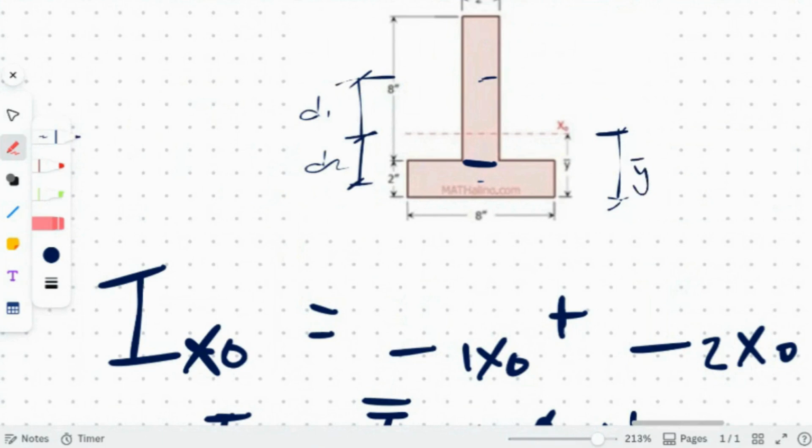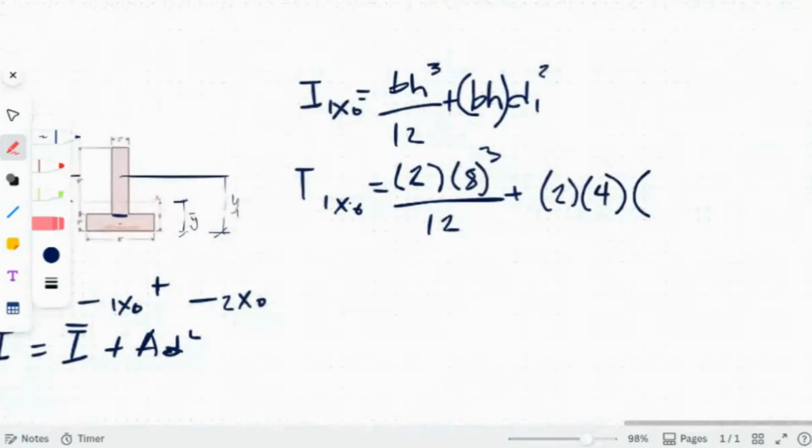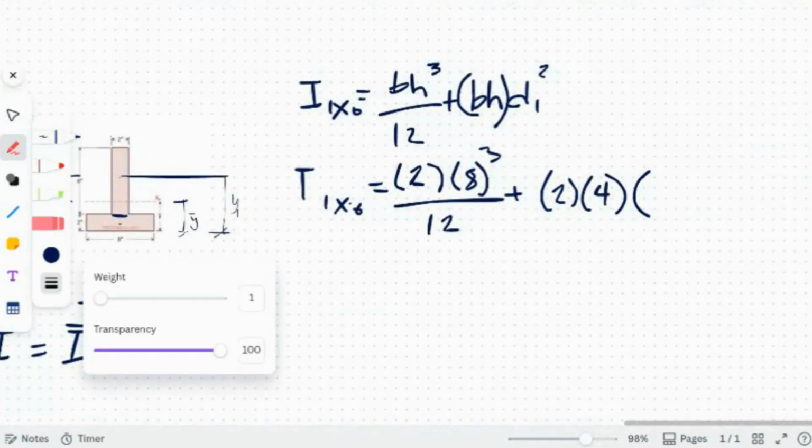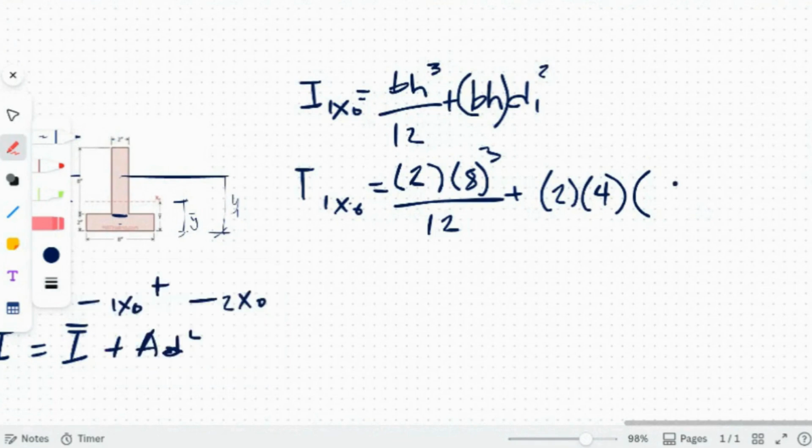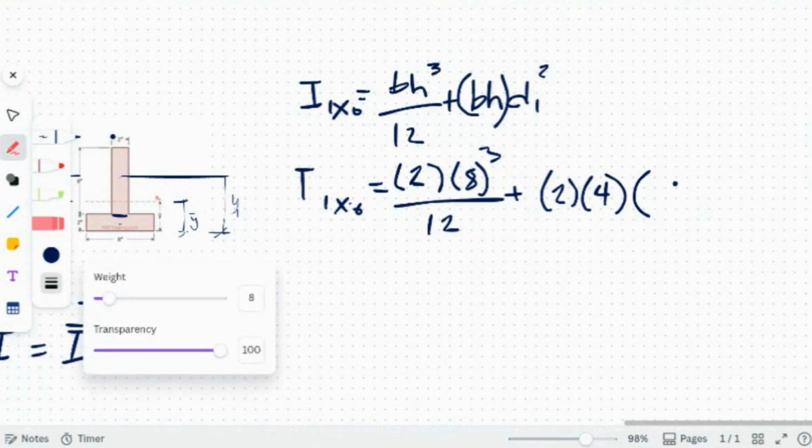And then we'll call this one Y2, sorry, and then this one Y1. So we want to go back here and complete our equation. That's Y2.